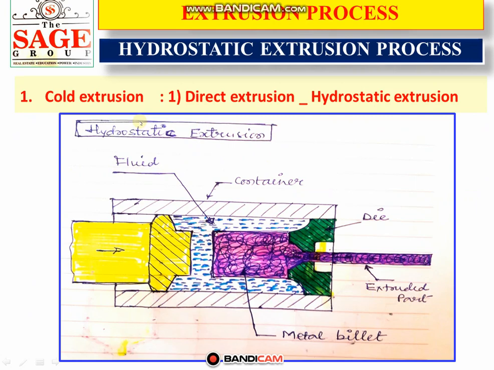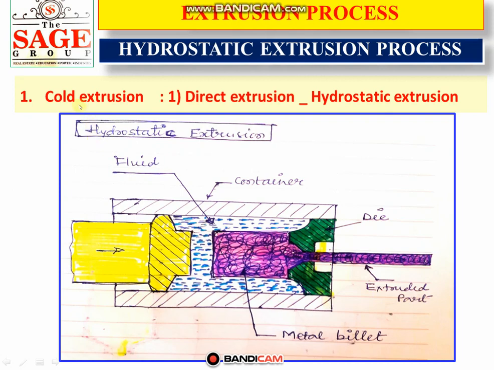Then the second classification process, known as the cold extrusion process. Under cold extrusion, there is direct extrusion or forward extrusion, in which there is a hydrostatic extrusion process. So what do you mean by cold extrusion process?